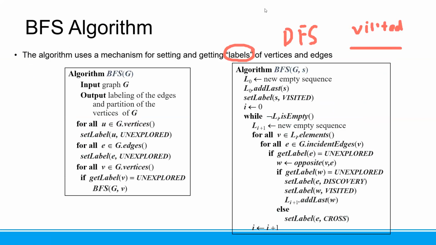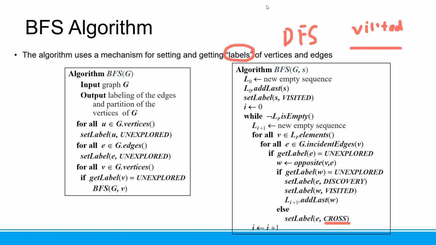So here we have another kind of label for the edges. We call it cross edge. Later we will look at the difference between back edges and cross edges.